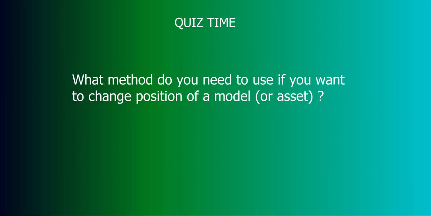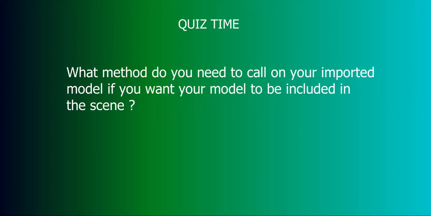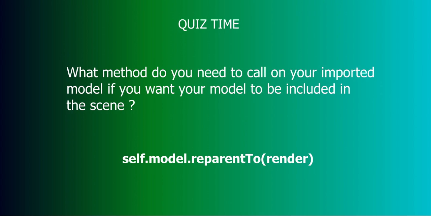And it's the setPos method with X, Y, and Z coordinates inside. What method do you need to call on your imported model if you want it to be included in the scene? And it's the reparentTo method.